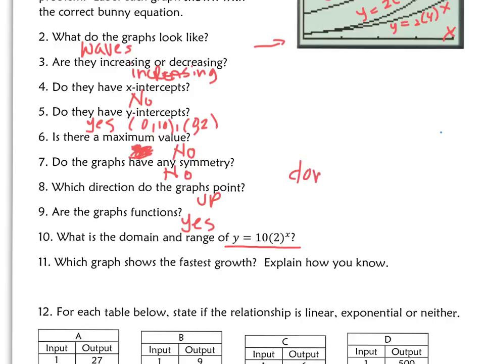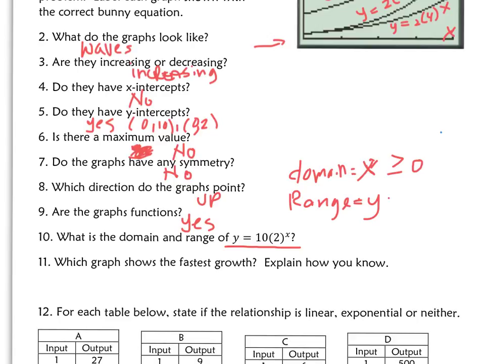Well, domain is the x's. And x, if you look at the graphs, is greater than or equal to 0, but it doesn't get into any negative numbers. The range, well, that's the y's.